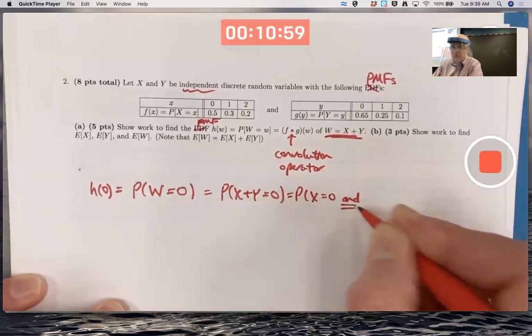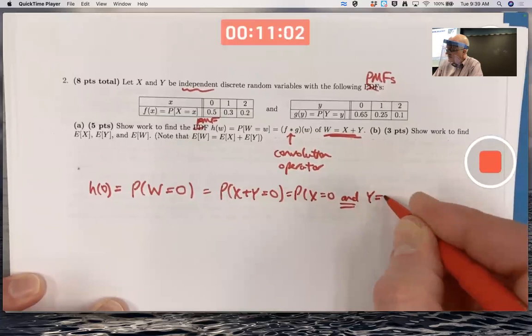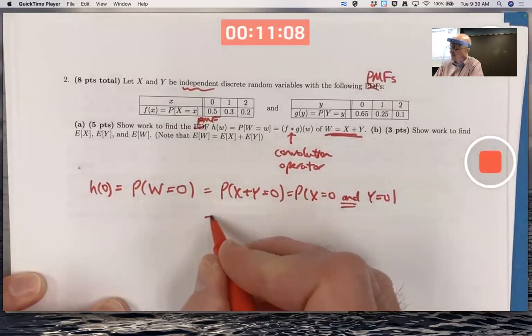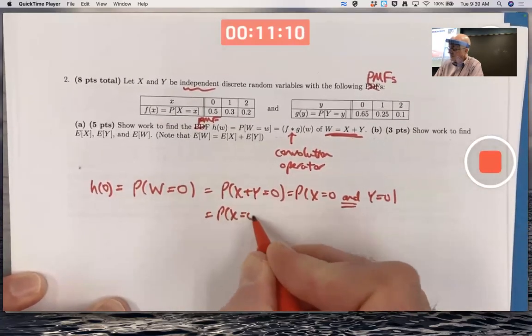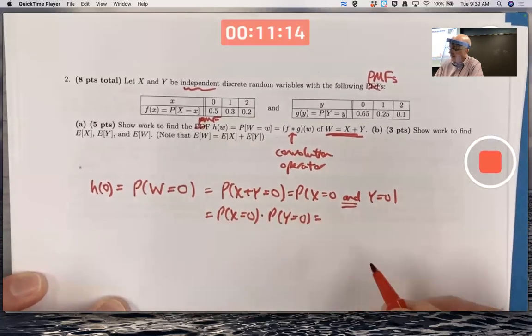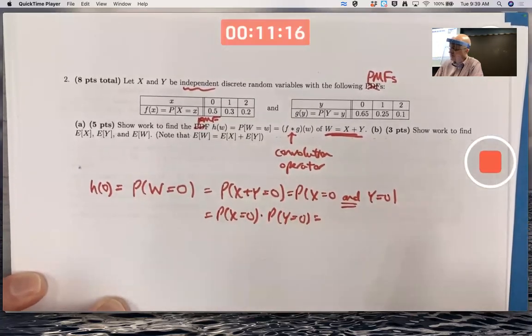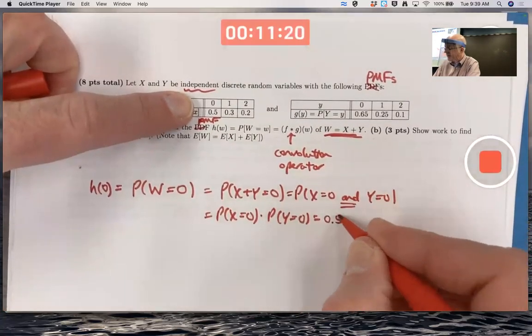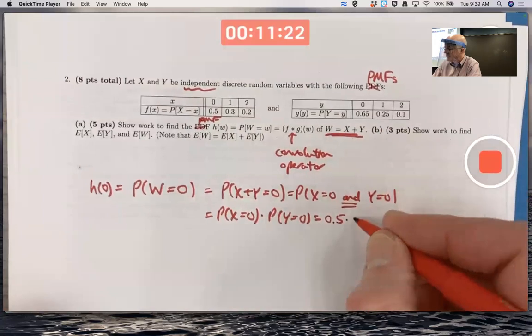And there we have the lovely word "and", which alerts us to using, by the assumption of independence, the multiplication rule. This is the same as the probability that X equals 0 times the probability that Y equals 0. Now just look in the table. The probability that X equals 0 is the 0.5 right there. The probability that Y equals 0 is the 0.65.